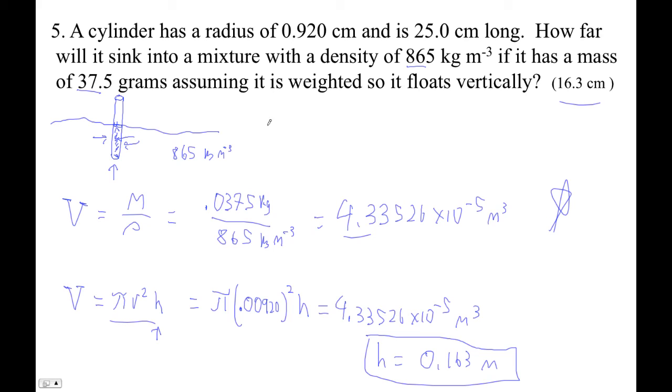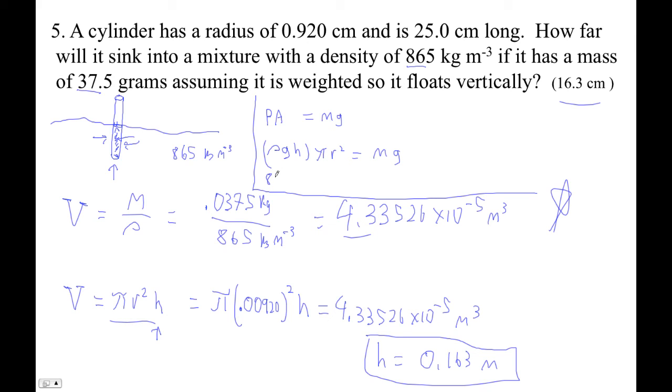So what he said was that pressure times that area equals the weight of the whole thing, right? Okay, so he said rho g h times pi r squared equals m times g. Let's just try it out here. It should work, right?